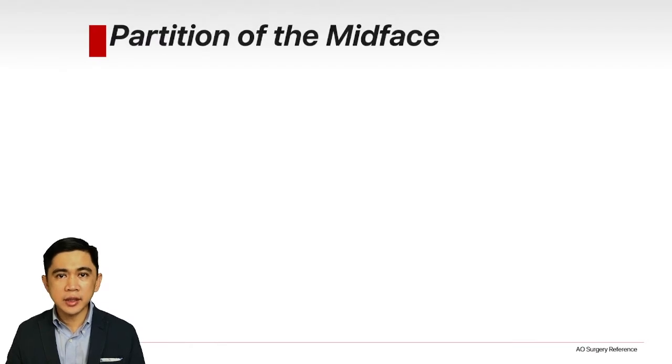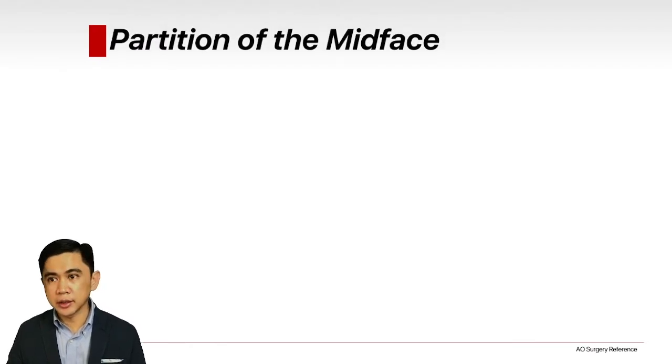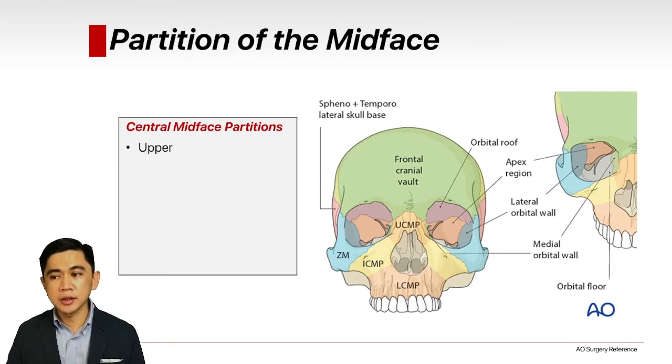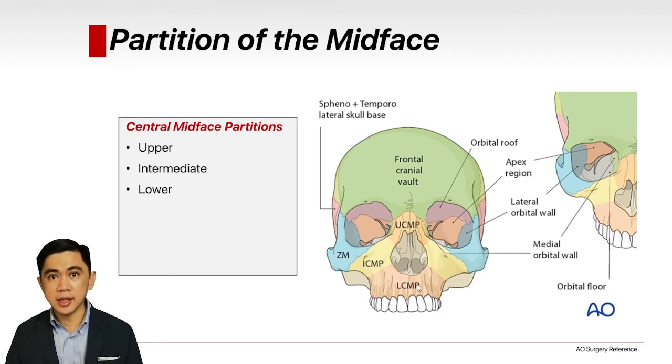So the midface is further subdivided into partitions. We have the central midface partitions, further divided into the upper central midface partition, or UCMP, the intermediate central midface partition, or the ICMP, and the lower central midface partition, which is the LCMP.